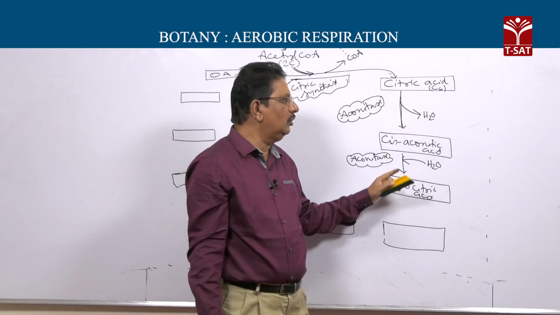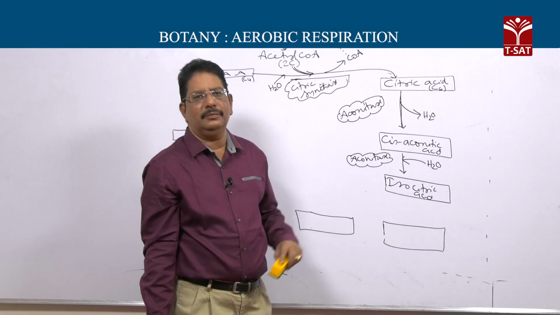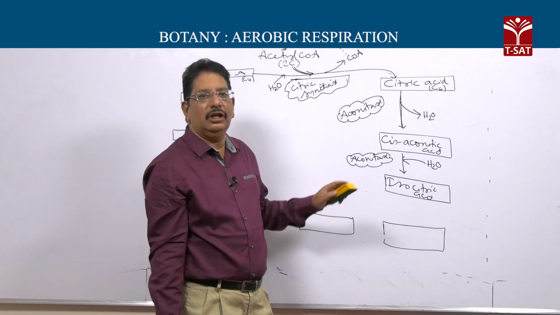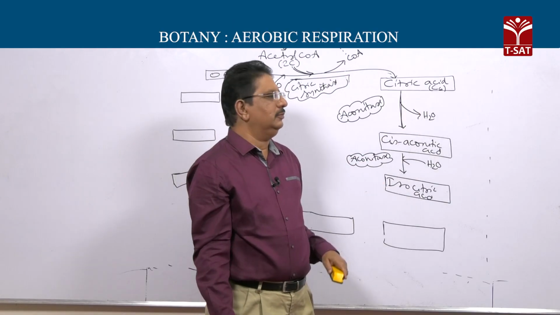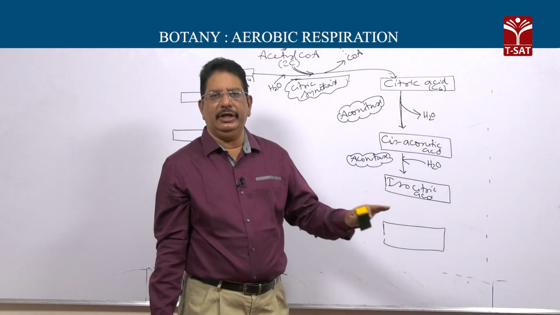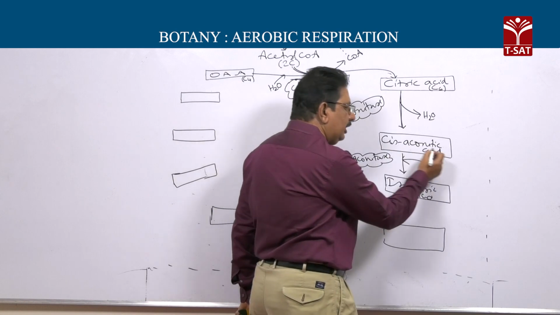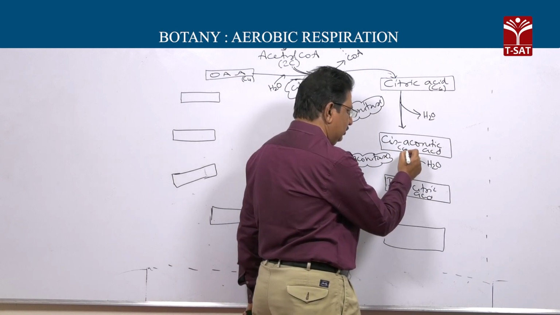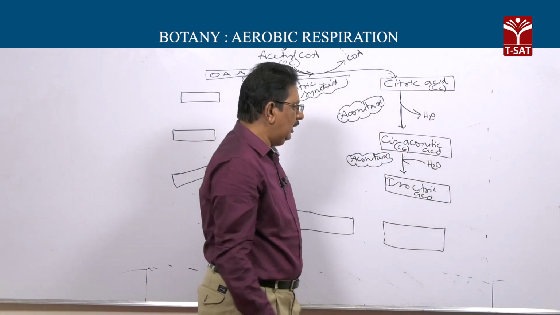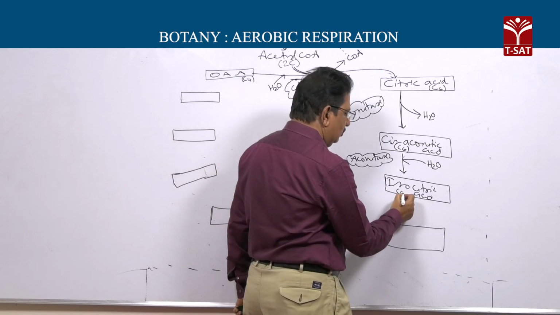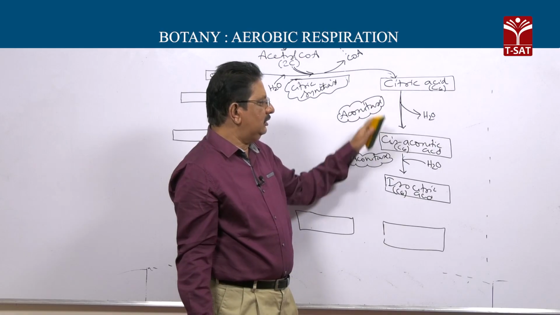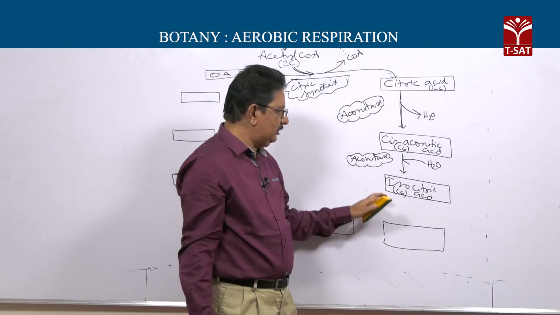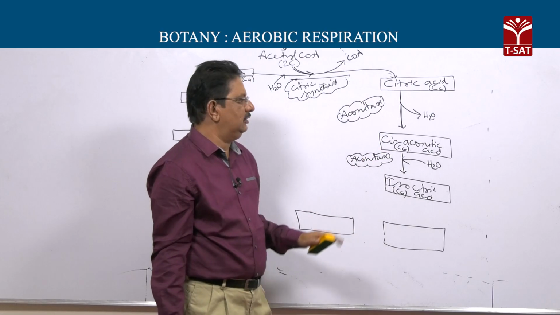So there is no removal of any carbon, there is no addition of any carbon atom. So the number of carbon atoms is going to be the same in cis-aconitic acid. So it is a C6 compound, and isocitric acid is also a C6 compound. So citric acid, cis-aconitic acid and isocitric acid.